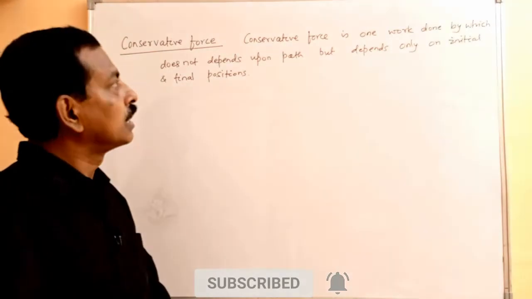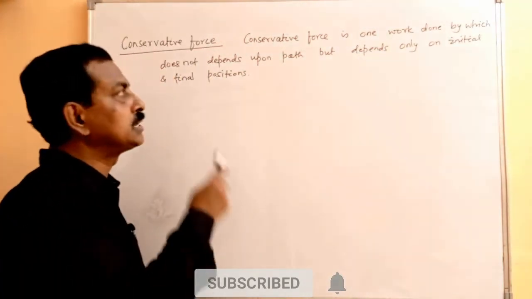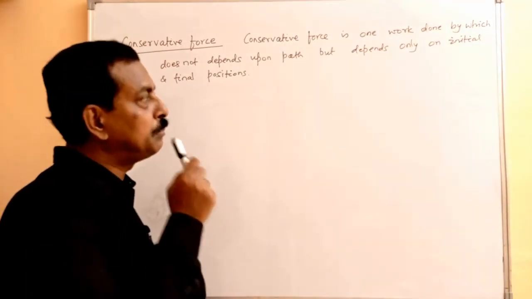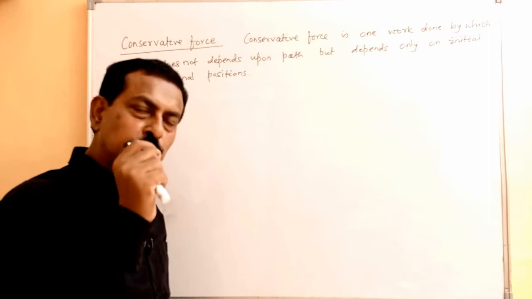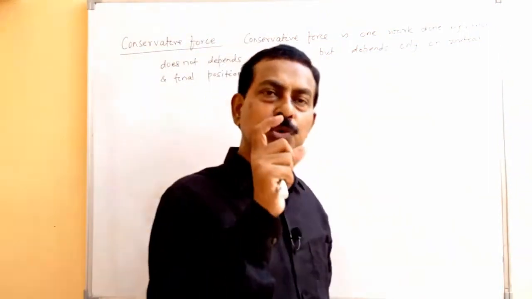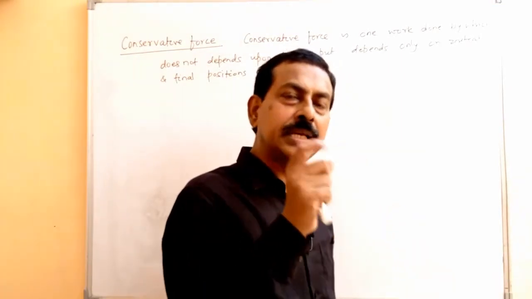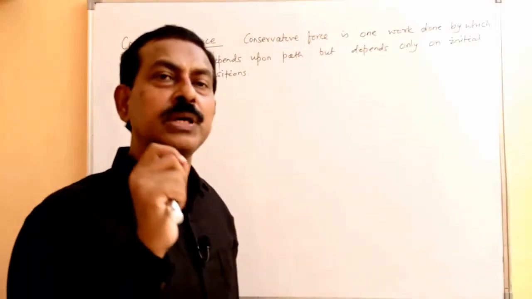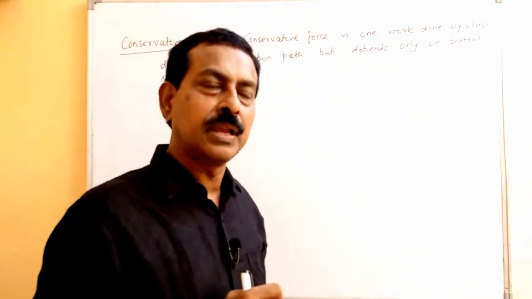Conservative force is one, the work done by which does not depend upon the path but depends only on the initial and final positions. If you take a conservative force and consider the work done by it, it will depend not on the path but only on the initial and final positions.